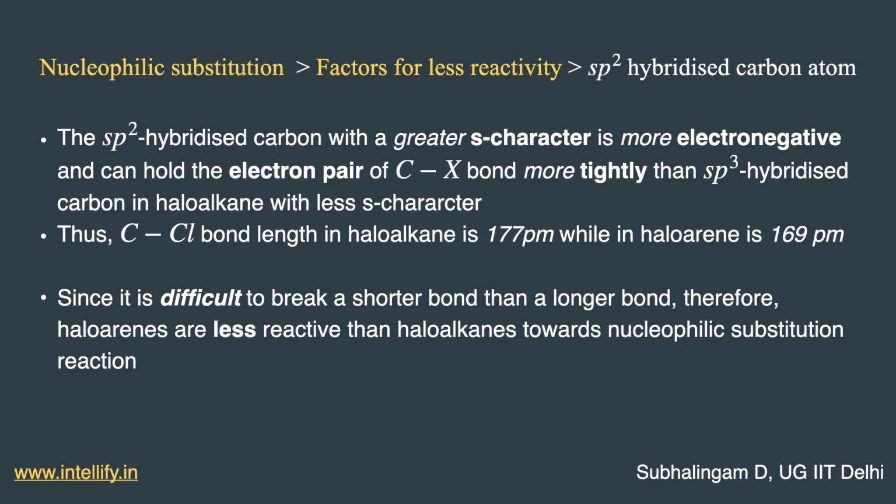Since it is difficult to break a shorter bond than a longer bond, haloarenes are less reactive than haloalkanes towards nucleophilic substitution reactions. So till now we have seen two important factors. The first one is resonance. Because of resonance, it gets a double bond character and it is difficult to break. And the second one is the sp2 hybridized carbon atom.